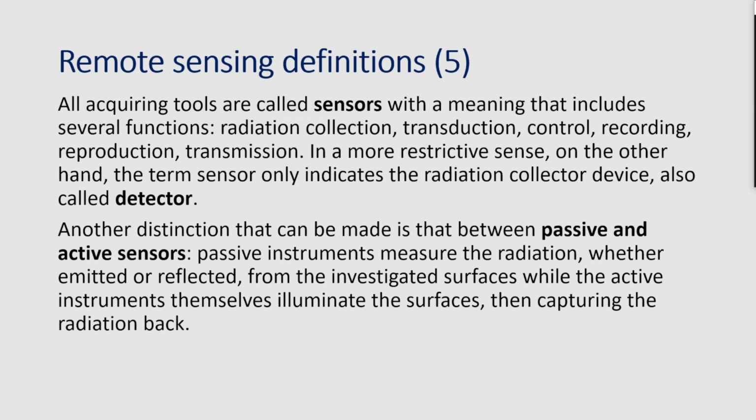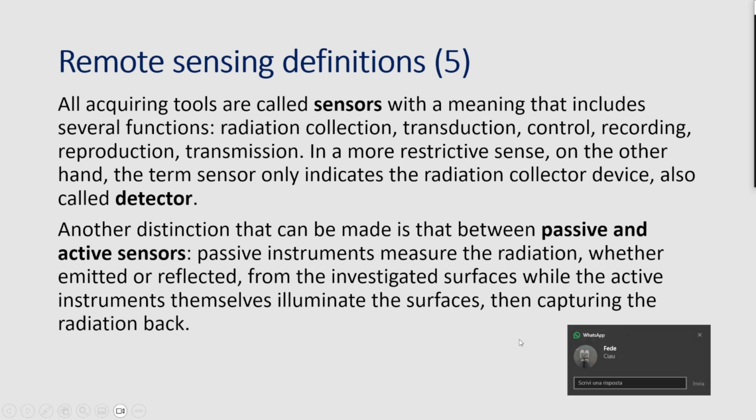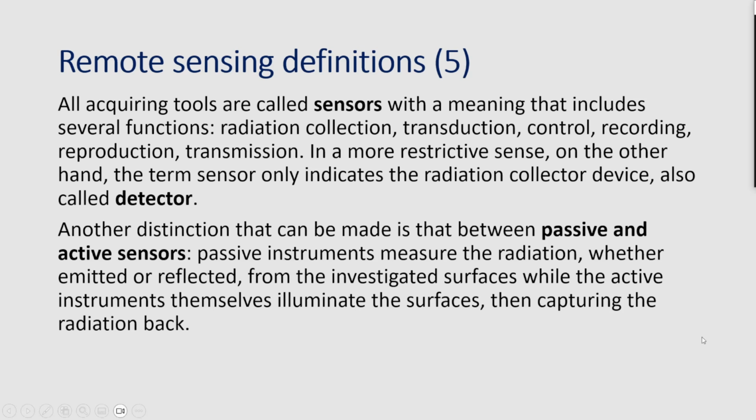Remote sensing definitions, 5. All acquiring tools are called sensors with a meaning that includes several functions: radiation collection, transduction, control, recording, reproduction, transmission. In a more restrictive sense, on the other hand, the term sensor only indicates the radiation collector device, also called detector.